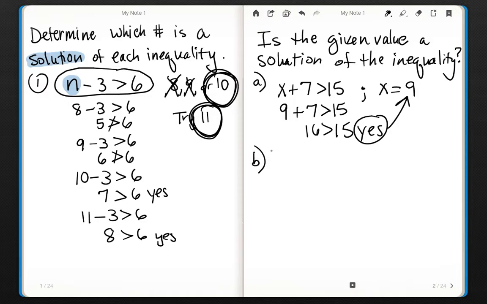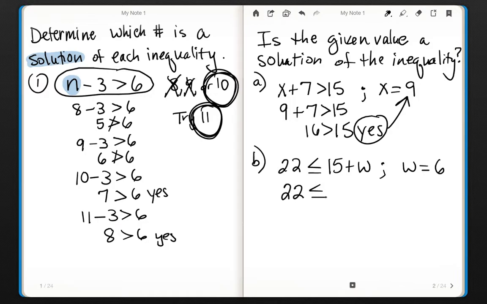22 is, now, what's that symbol called again? It has our less than, it has part of an equal sign, less than or equal to 15 plus W, and W is equal to 6. So for this given value, we want to see if it makes this inequality true or false. And if it's true, then it's a solution.